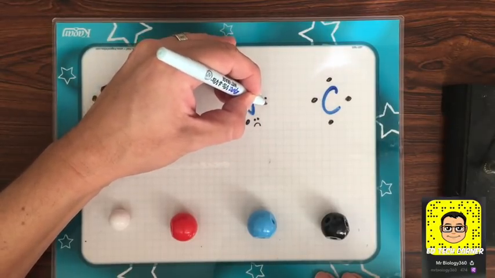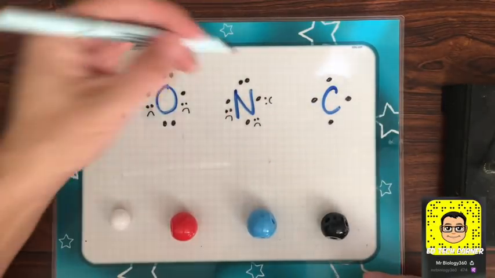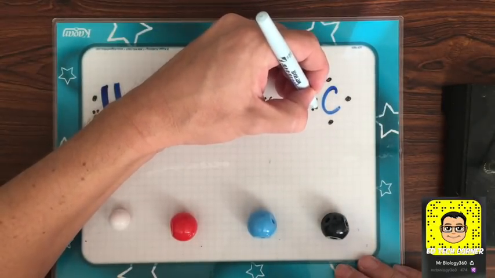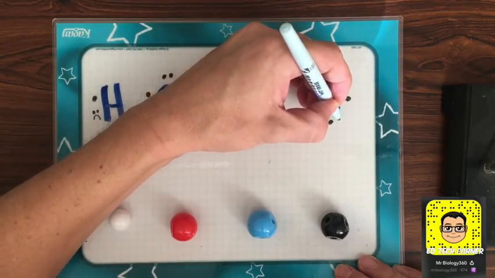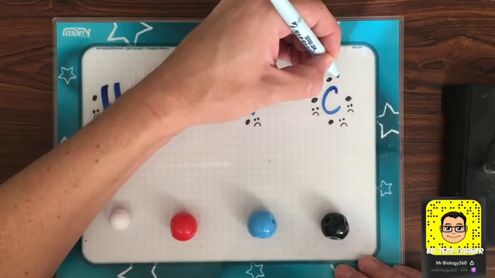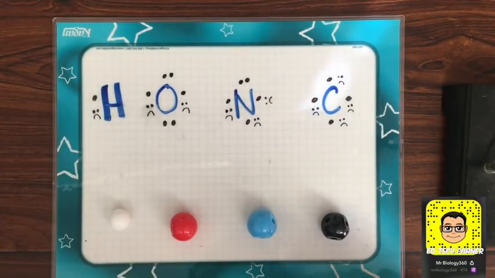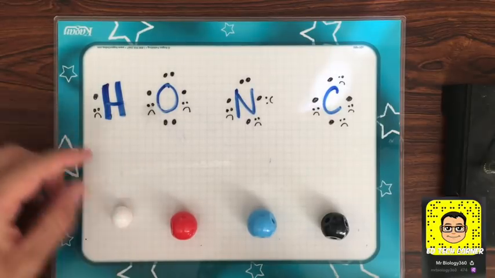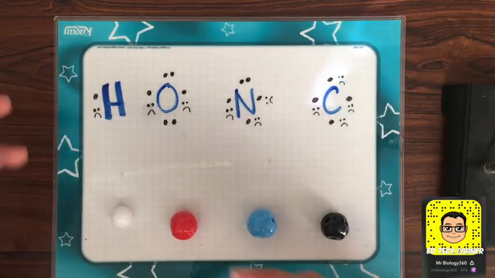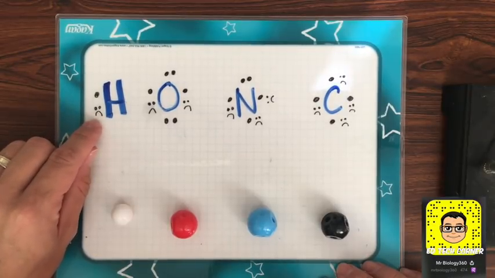Nitrogen is missing 3 electrons, and because it's missing those 3 electrons, think of it like the atom is sad, it's not where it wants to be. Carbon is actually missing 4 electrons. They're MIA. And so what ends up happening is hydrogen is going to want to bond or connect with another atom so that it can get back its missing electron.